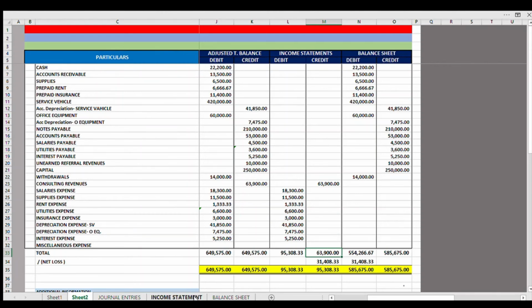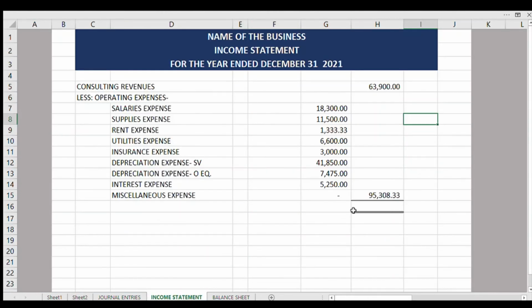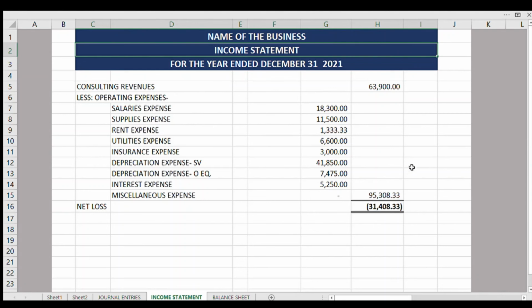So 95,308.33 for the debits and 63,900 for the credit, for a balance of 31,408.33, which will show the net loss for the period. This is our net loss under the income statement.